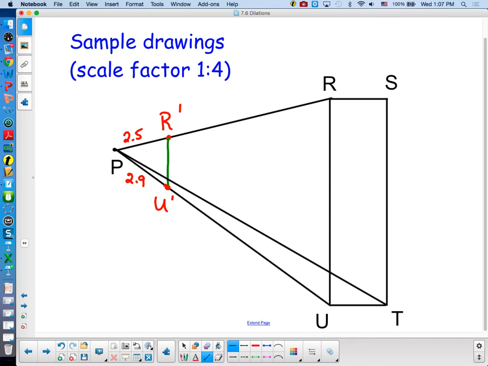Don't use the same as this example worksheet. Okay, PT, I'm getting 14. Okay, 1/4 of 14. 3.5. So mark where 3.5 comes.